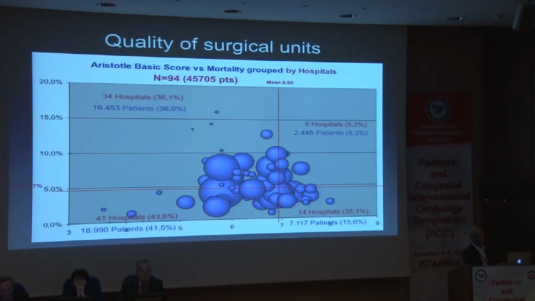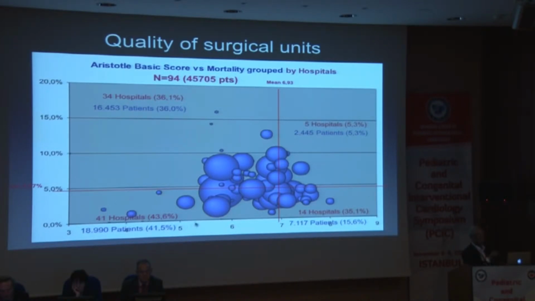I'm not going to go into great details of this, but this is one example of comparing results between hospitals. And this is based on Aristotle basic score. The higher the score, the more complex the congenital heart defect being treated surgically. The lower the score, the less complex. And then on the y-axis is the mortality. And so ideally, you want your hospital with the highest complexity score to be in the lowest mortality area.